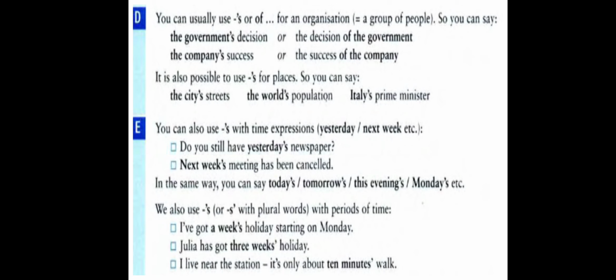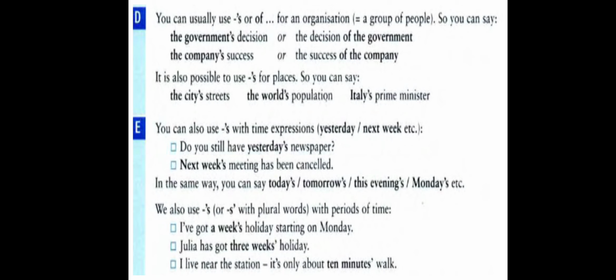We also use apostrophe plus s or s followed by apostrophe with plural words with periods of time. I have got a week's holiday. Here it is 1 week holiday, so we use apostrophe plus s, so it becomes a week's holiday starting on Monday. Julia has got 3 weeks' holiday.